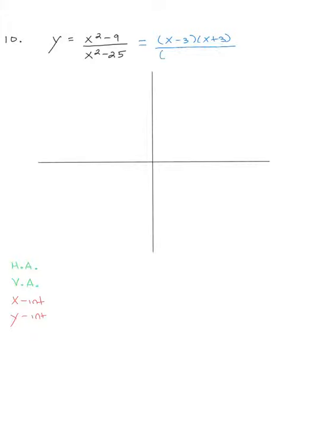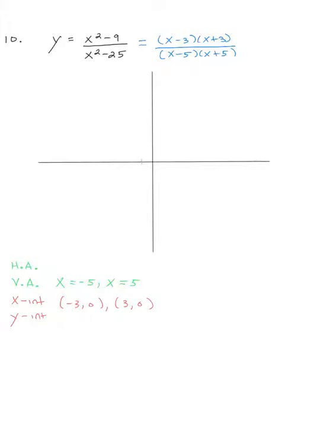In the denominator, I have x minus 5 times x plus 5. Knowing this information, the denominator is equal to 0 at both negative 5 and positive 5. That has got to be the vertical asymptotes. And the x-intercepts would have to be at negative 3 and 3 for x. Let's sketch this information in there.